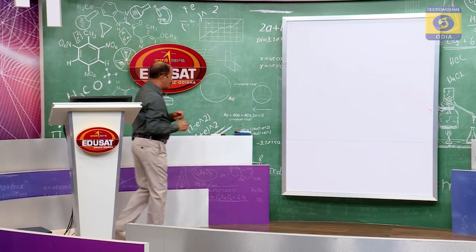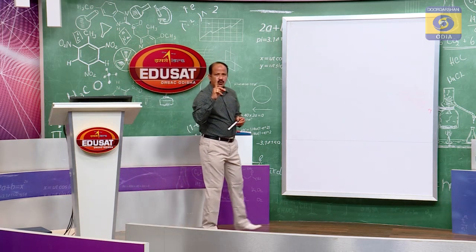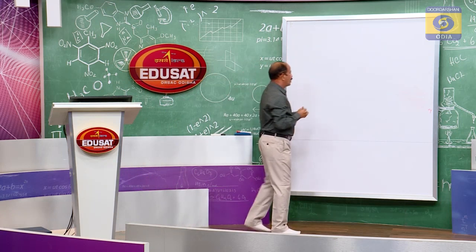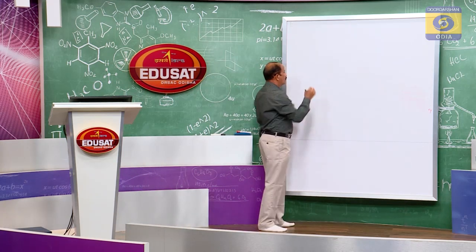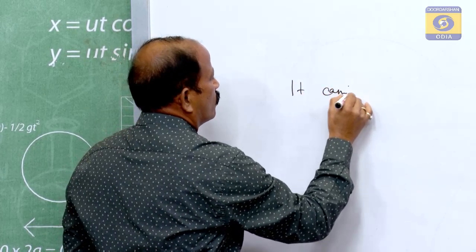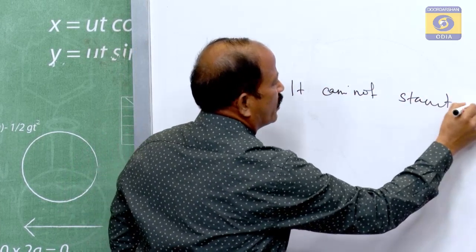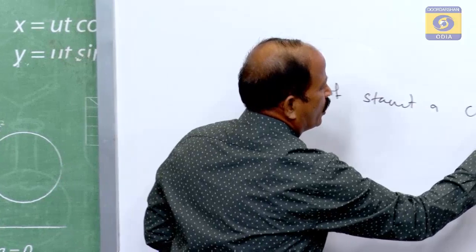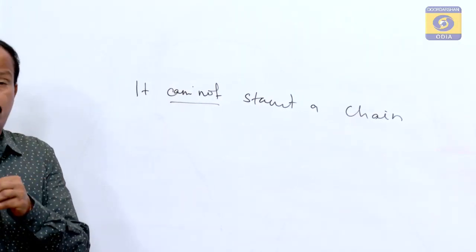Out of the 3 polymerases, DNA polymerase 3 is most important. It is the most important polymerizing enzyme. The basic property of this polymerizing enzyme is it cannot start a chain new. That means it cannot initiate a new chain.